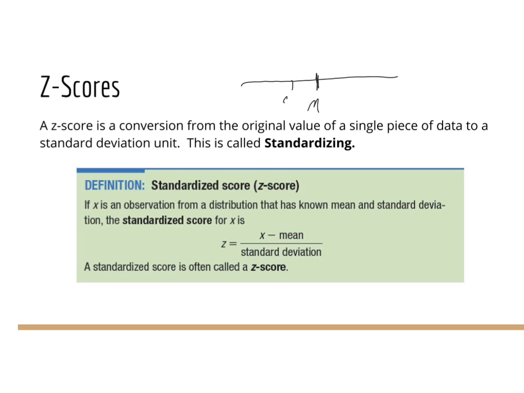So that's -3, -2, -1 standard deviations, and this is the standard deviation symbol I'm trying to draw. And then we have 1, 2, 3 standard deviations on this side.